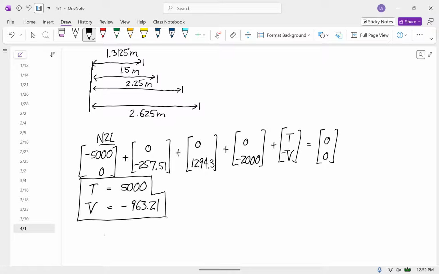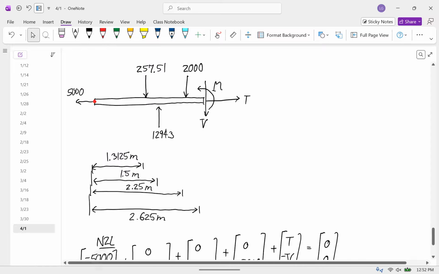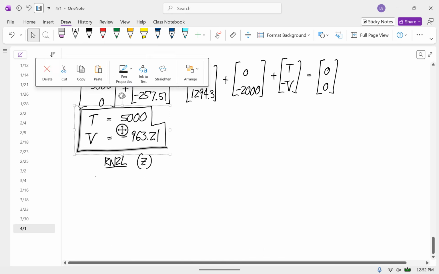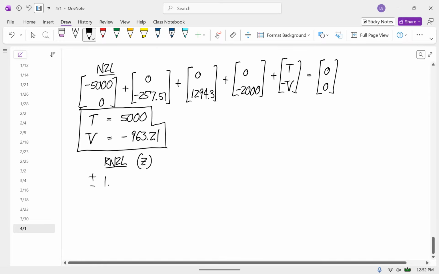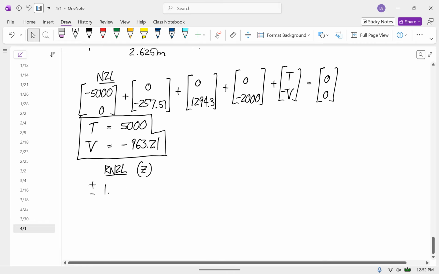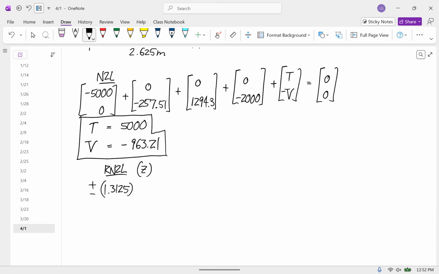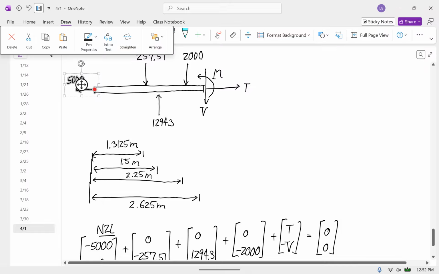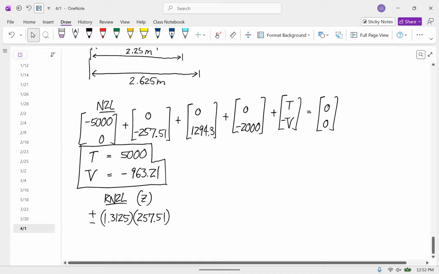And then we'll do the moment equation. So the moment arm for the 257.51 is 1.3125. The force is 257.51. Would that force make it rotate clockwise or counterclockwise? Clockwise, so we want the negative.